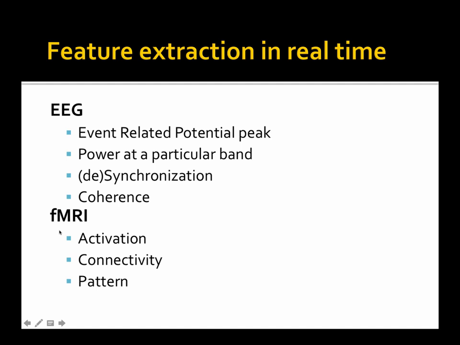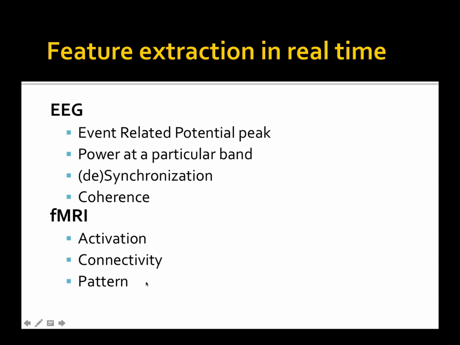And in fMRI, all the groups originally started looking at neurofeedback by looking at activations in a particular area, or activations in one area with respect to another. We are going to discuss a little bit about connectivity, and why we now try to modify connectivity.